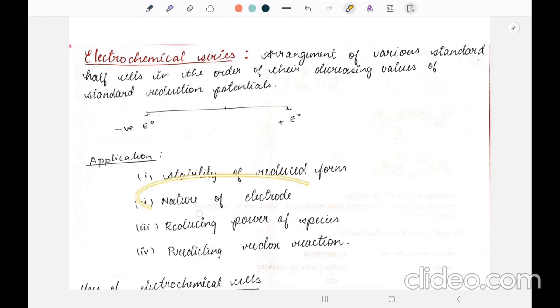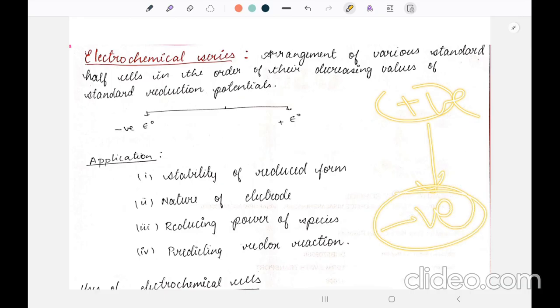Next is the nature of electrode. The electrode with higher electrode potential acts as a cathode, whereas the electrode with lower electrode potential will act as anode. Reducing power of species: the standard reduction potentials of the half cells are arranged from positive to negative.